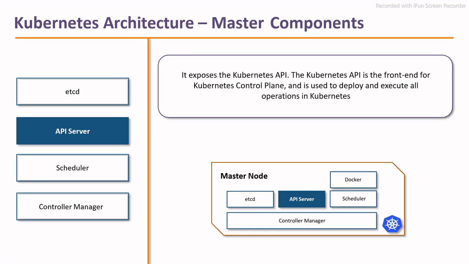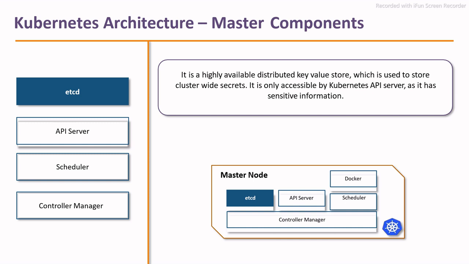First is the Kube API server. As its name suggests, the API server exposes the Kubernetes API, which is the center of communications. External communication via the command line interface or other user interfaces is passed to the Kube API server, and all control plane to node communication also goes through the API server.